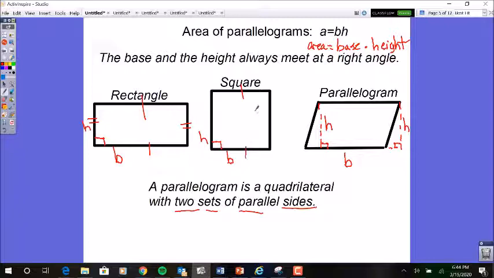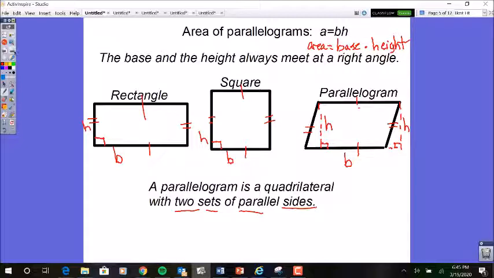The top and the bottom are parallel, and the left and the right are also parallel. Same thing with this parallelogram. The top and the bottom, and then these two sides here are also parallel to each other. So for instance, an example of a quadrilateral that is not a parallelogram would be a trapezoid, because a trapezoid only has one set of parallel sides, which we'll actually do later in the next few weeks.